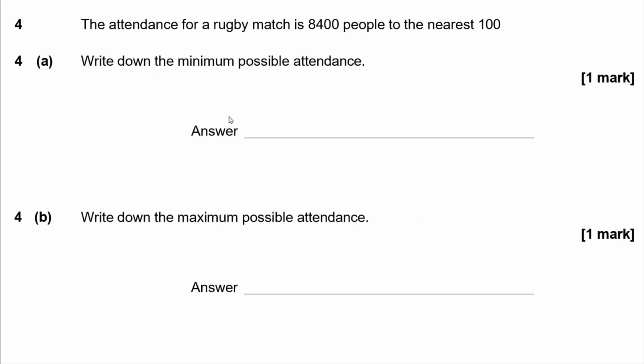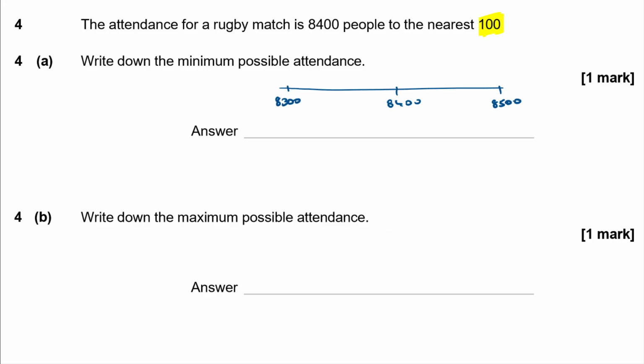Question 4. The attendance for a rugby match is 8,400 people to the nearest 100. Write down the minimum possible attendance. Okay, so if it's been rounded off to the nearest 100, if you imagine a number line with 8,400 marked on it and going up in hundreds, then the next number on that scale would be 8,500 and the one below it would be 8,300.